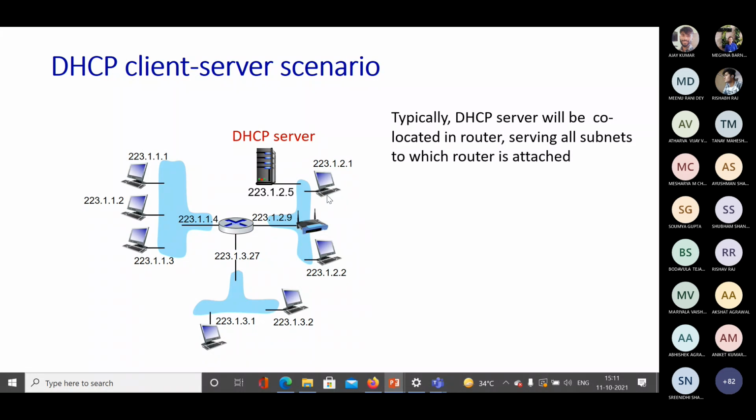If in your subnet you have a DHCP server attached, then it will serve all the subnets to which this particular router is attached. Essentially, you will have a DHCP server in general which will be co-located in a router, and then it can serve all the subnets that are connected to that particular router.